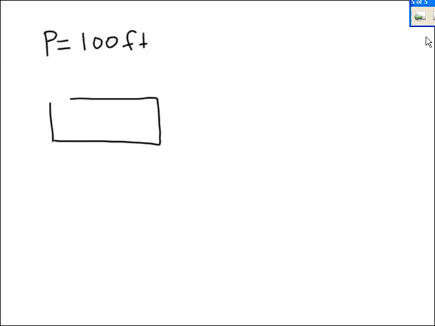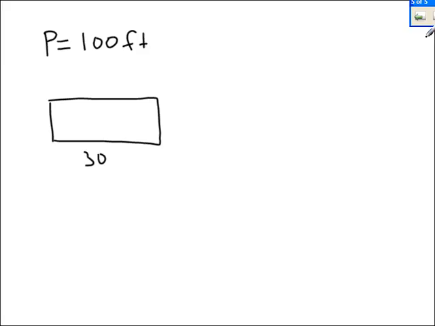Now, I'm going to give you the perimeter of a rectangle. It is 100 feet. Because perimeter is not square units, it's a length. Okay. Now, suppose you have a rectangle, and I tell you that this here is 30.